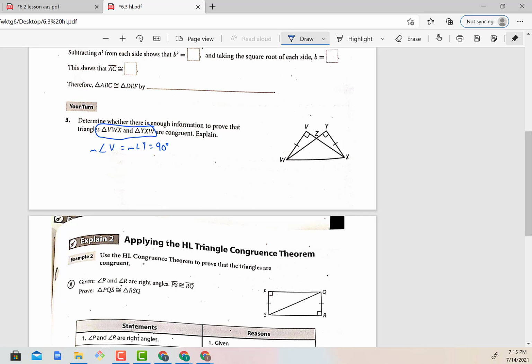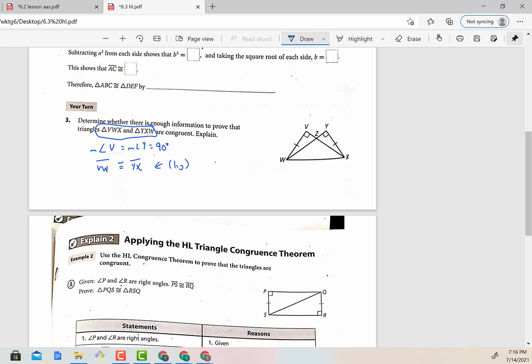They both have a congruent side. So segment VW has a hash mark through it. It's congruent to segment YX. So that is our congruent leg. Notice this isn't an official proof. I'm just giving a brief explanation. So we have our congruent leg.